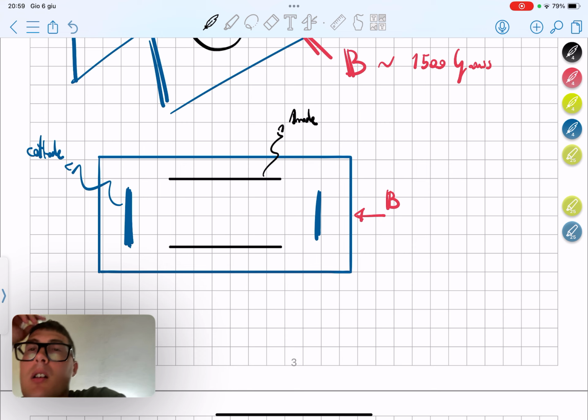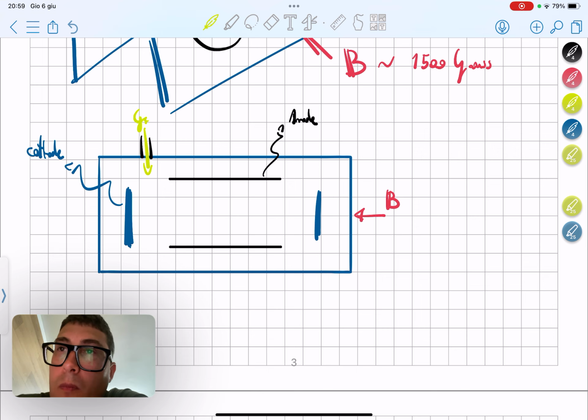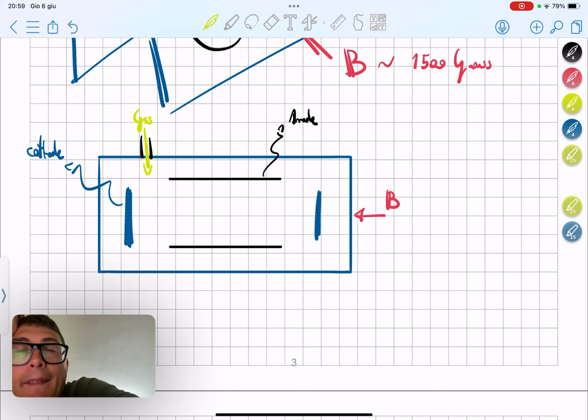The gas maybe is coming from here, from the chamber. Remember that this type of pump keeps the residual gases inside of it, so it does not evacuate them. The gas goes in and never goes out.